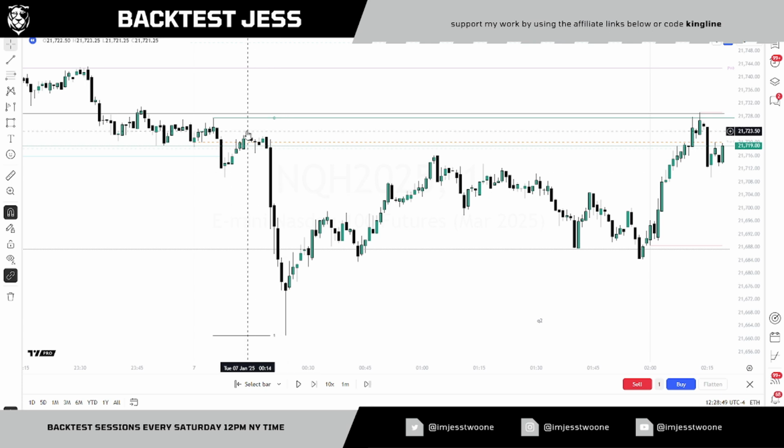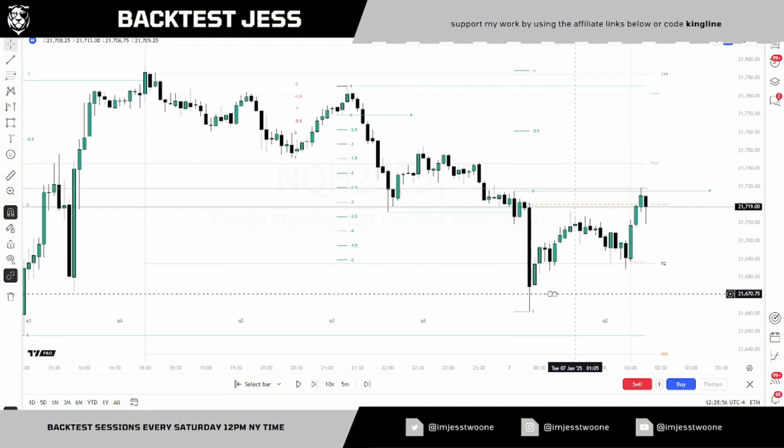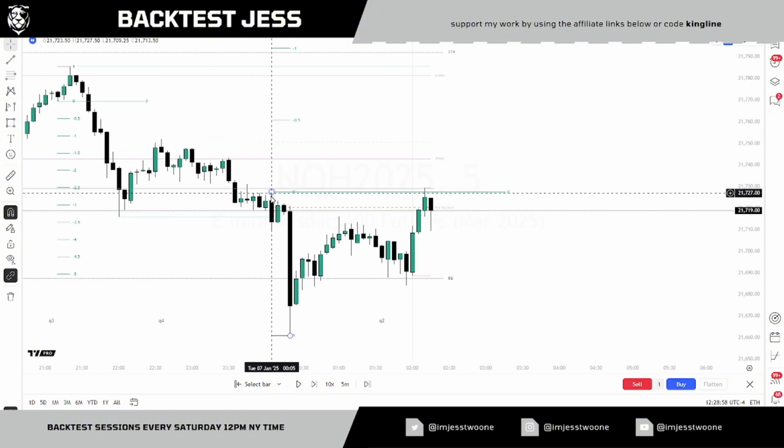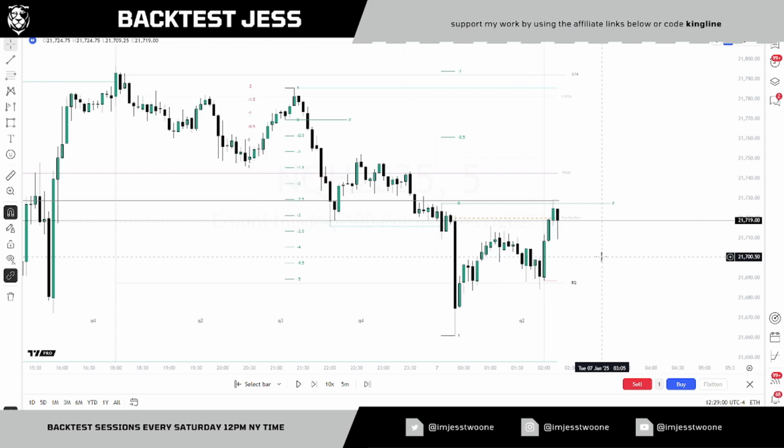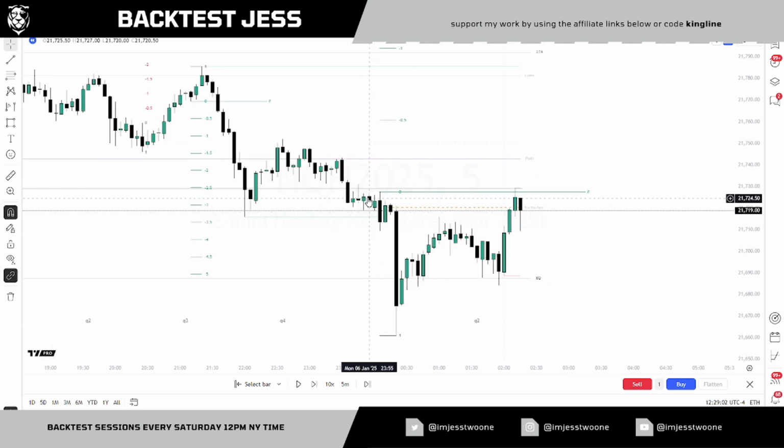So fractally speaking, this would be the swing that we have to close. But on the higher time frame here, on the 5 minute, it's this one, which I think is where normally people get messed up. They're waiting for this high to get closed, and then once it does close, they go all in, and then this was just a run on liquidity to take it lower.